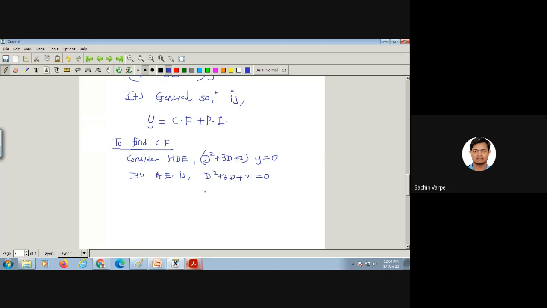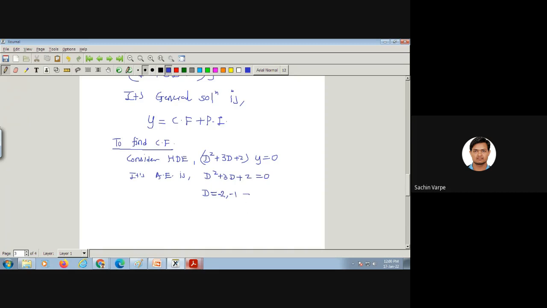So what are the roots of the auxiliary equation here? D equal to, इसके roots क्या होंगे बताओ? Minus 1, minus 2. Okay, so the roots are minus 2 and minus 1.